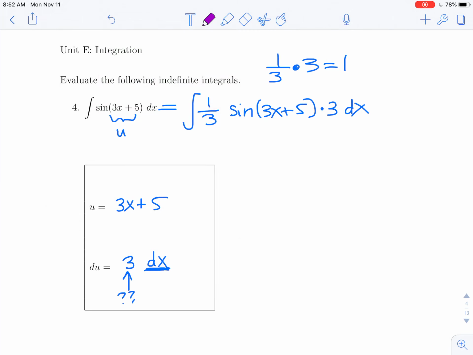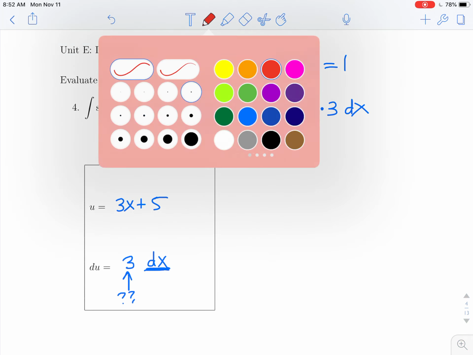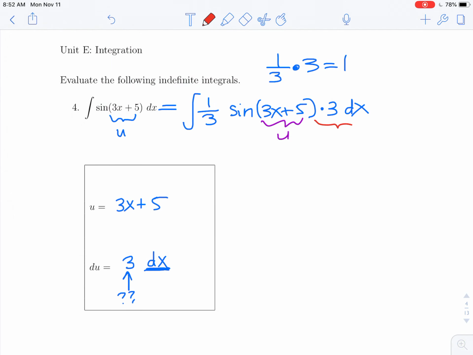So let's see, my u is 3x plus 5. And then here's my du, which is 3 dx.